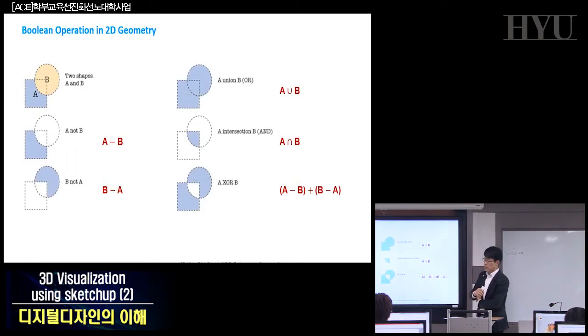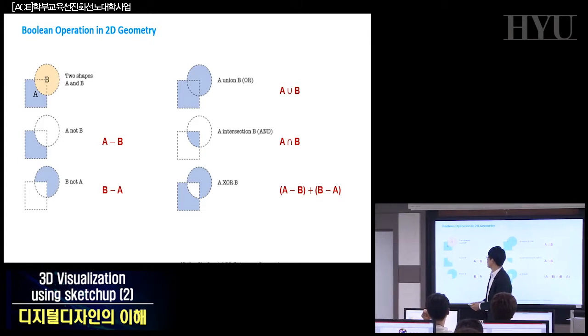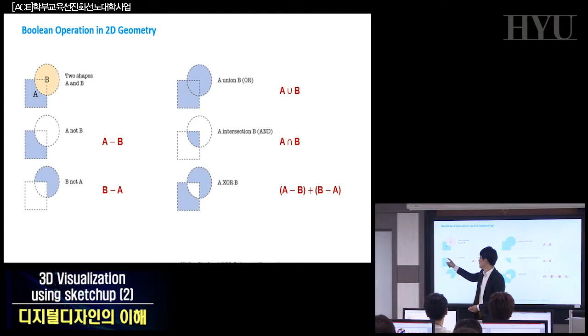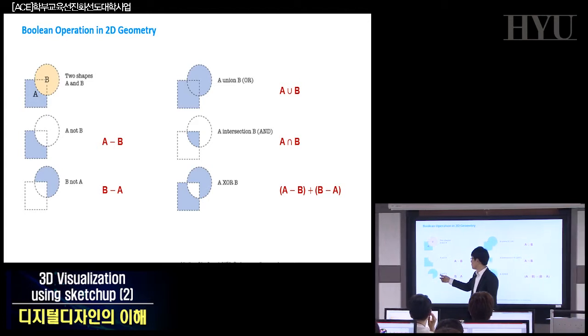Let's take a look at Boolean operation in 2D geometry. Rectangle shape A and circular shape B. A not B means A minus B, so that you can generate this kind of geometry, okay? Very easy and straightforward.